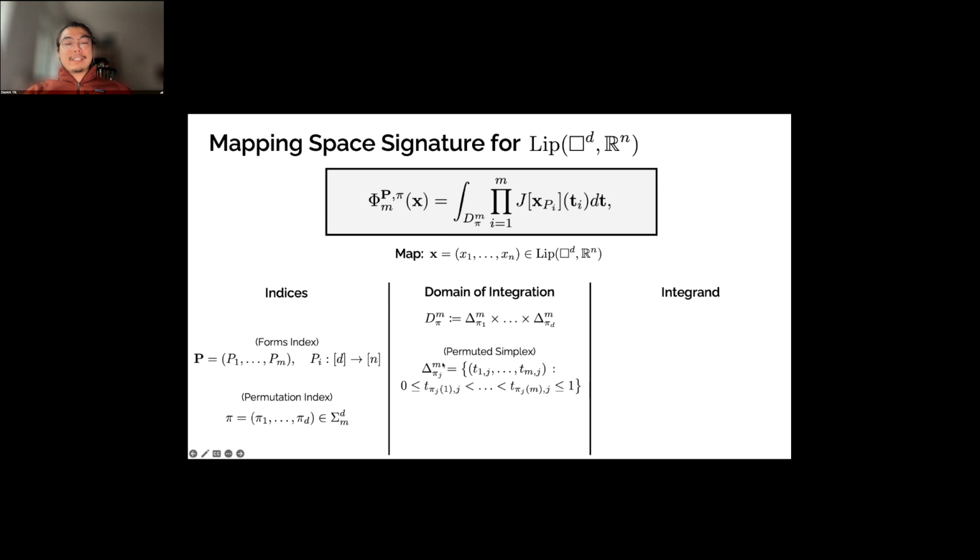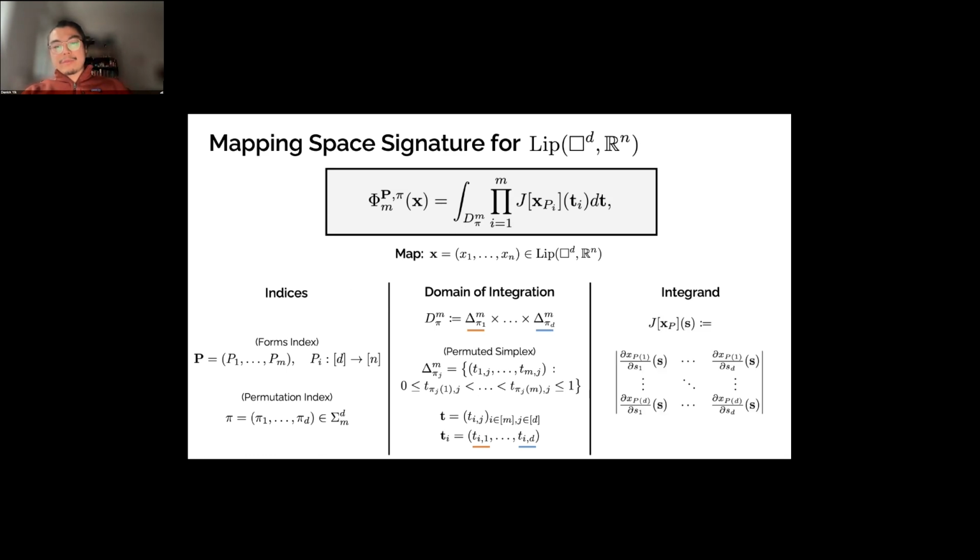Each of these simplices are going to be permuted based on the permutations chosen in this permutation index. And just to clarify the notation here, bold T corresponds to just an element of this dm pi, and bold Ti corresponds to a choice of one coordinate from each of these m simplices.